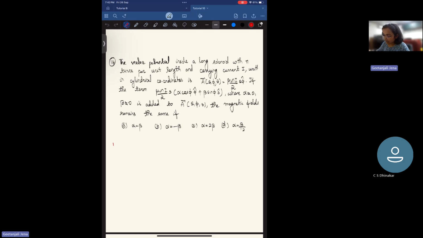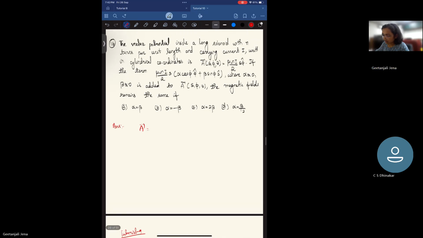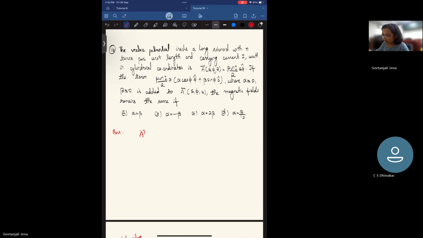So A is given, A is phi Z, it is mu naught n I s by 2 phi cap.